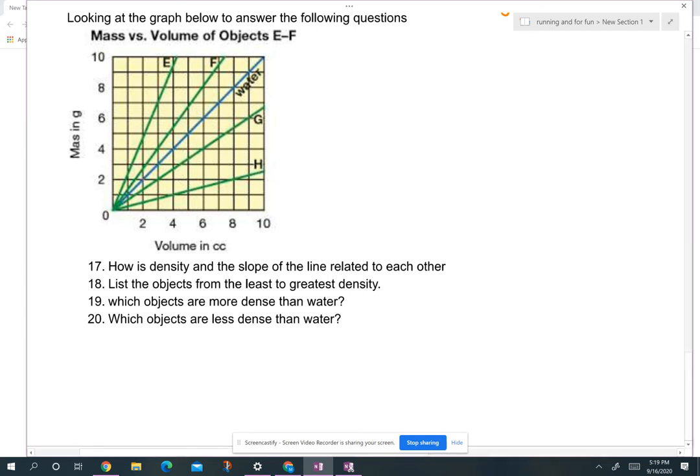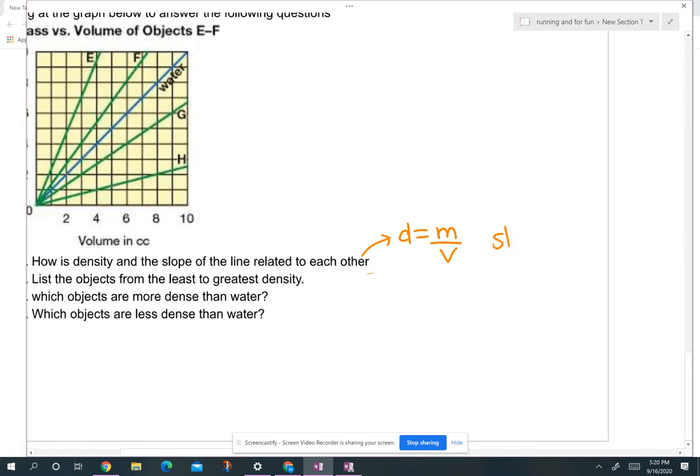It says, how are the density and the slope of a line related to each other? Remember that our density equation is density equals mass over volume. Your slope of a line, if you remember, is equal to rise over run.